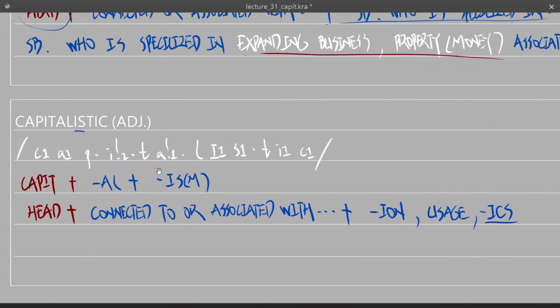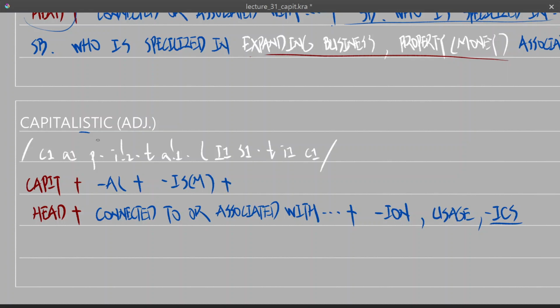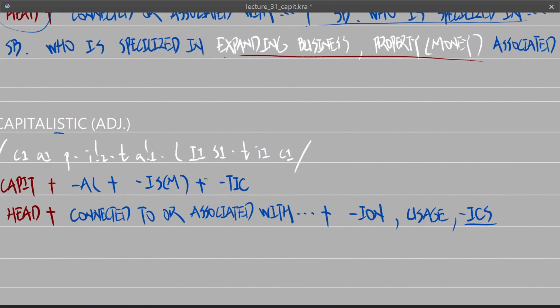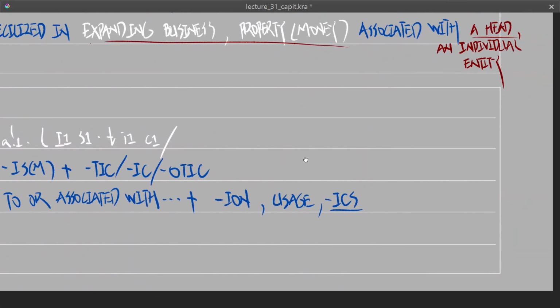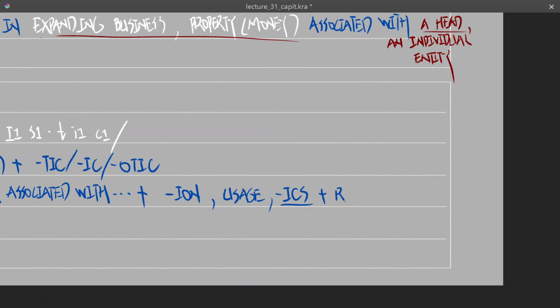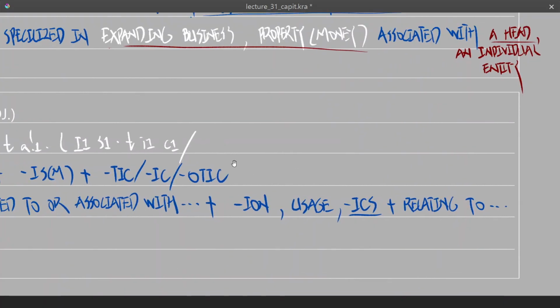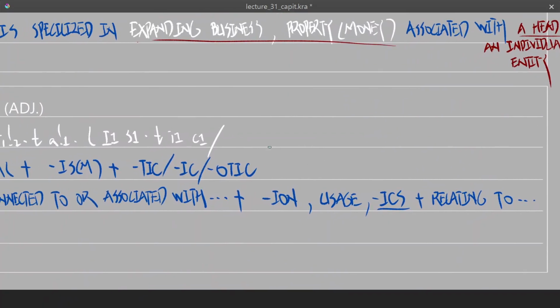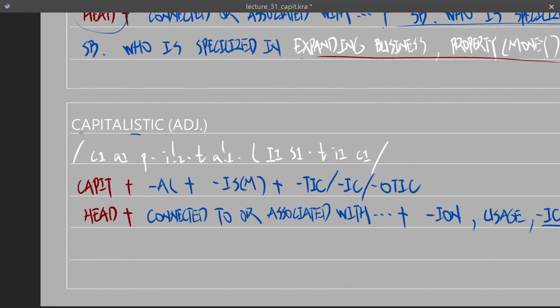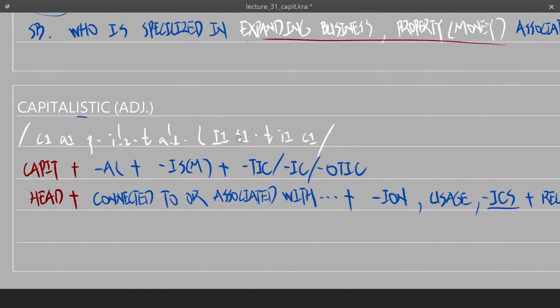And lastly we have IC, an adjective suffix, a variant of IC or ARTIC, meaning relating to something. So capitalistic literally means what?